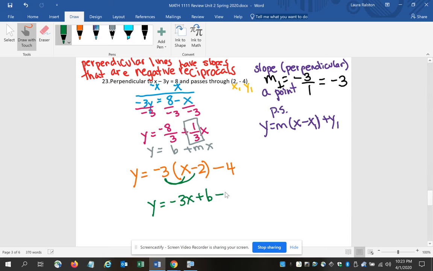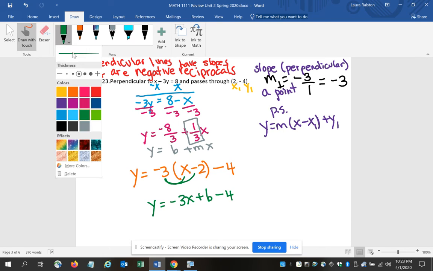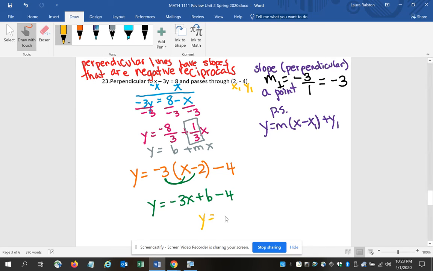Watch your signs. -4. And finally, I'm going to come back and combine like terms. So I have y equals -3x, +6 minus 4 is +2. So my final answer in slope-intercept form is y equals -3x plus 2.